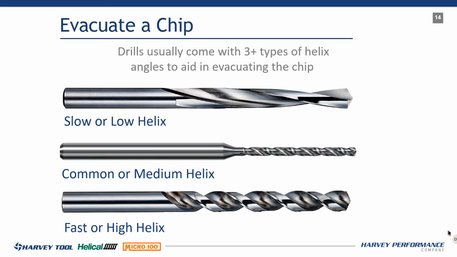Now, if we go to the next slide and actually look at evacuating the chip, this is where we have these flutes. We have different things going on that help evacuate the chip. So let's take a look at a drill. Usually, and I'm going back years here, there are commonly 3 different helix angles that are kind of the standard for drills, whether it be high speed steel drills, which I'm sure a lot of people out there are using, or cobalt drills.